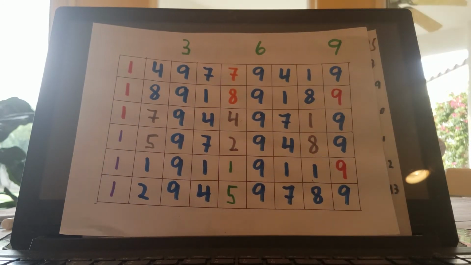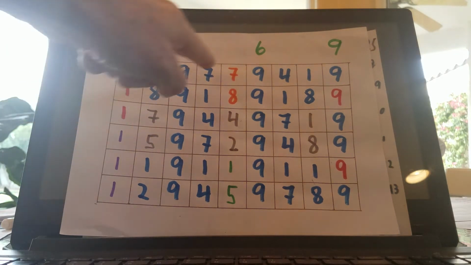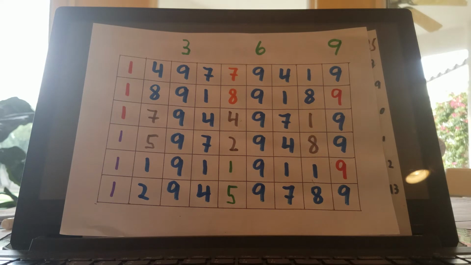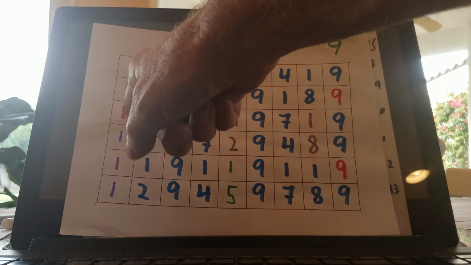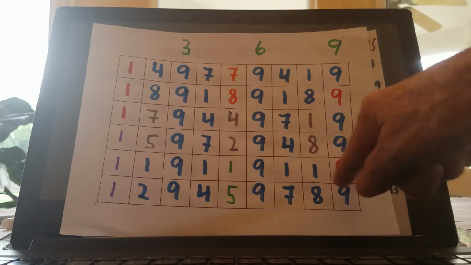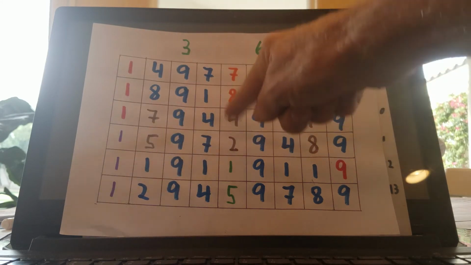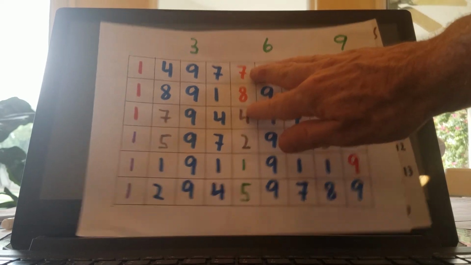If we want to look at it like this, orange is 3, 6, and 9. That's symmetrical. Or 3, 6, 9, or 3, 6, 9. So the 6 can be any of these.